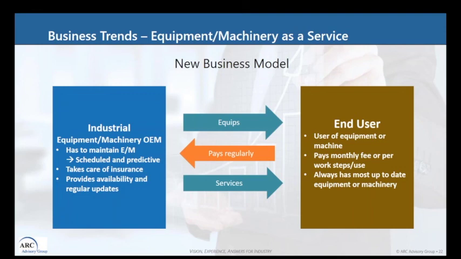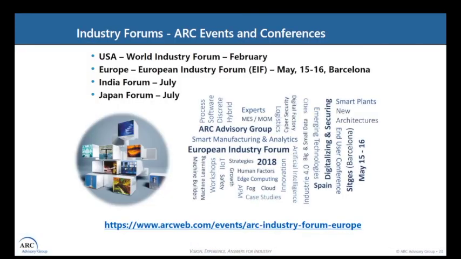That's what we see when we analyze all this data and can plan the maintenance upfront. This was really a quick and brief overview of some of the trends that are affecting the machinery market. Of course, we can share much more information and go much deeper into the individual topics.